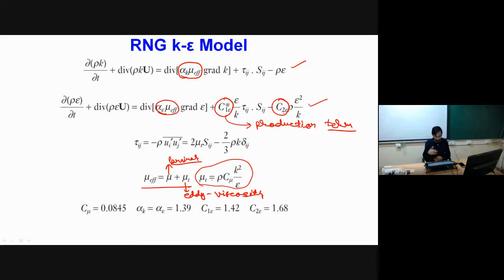So this is one more modification, called the renormalization K epsilon model, which modifies some specific terms of our K epsilon equations and uses an effective viscosity, which includes the contribution of molecular viscosity along with the eddy viscosity. Okay, and these coefficients are given over here.